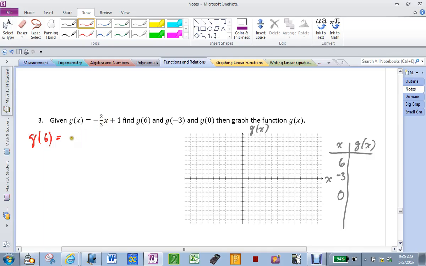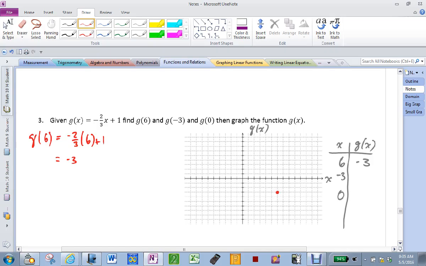So what does this x become? 6 plus 1. What is -2/3 times 6? -4. Plus 1 is -3. Do I have my first point on the graph? 6 and what? -3. So I'm going to go ahead and I'm going to put a red dot at 1, 2, 3, 4, 5, 6. -3. Everybody cool?